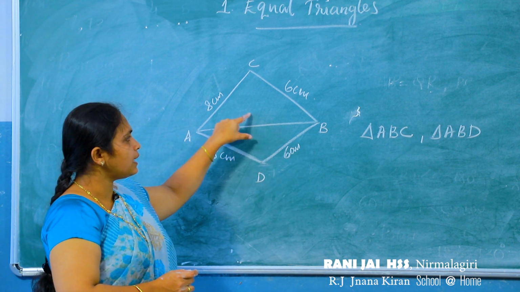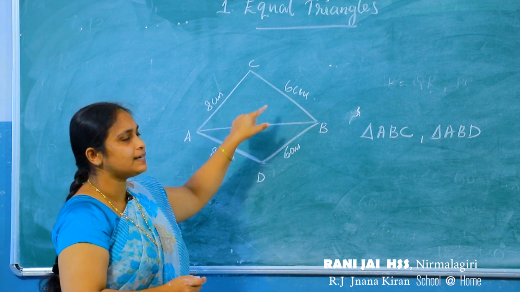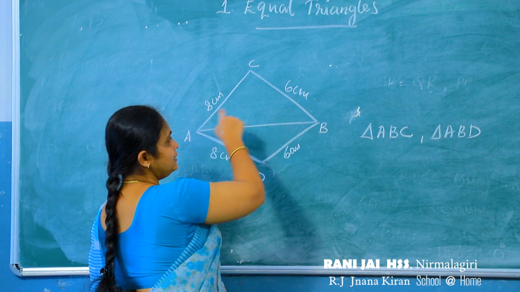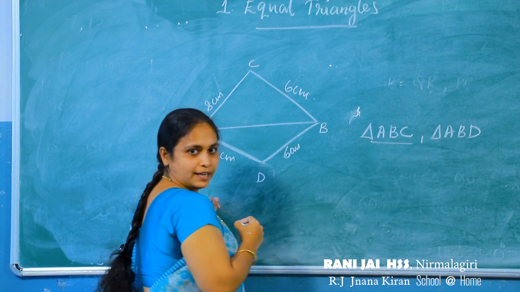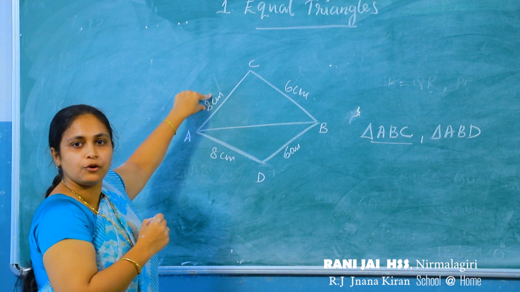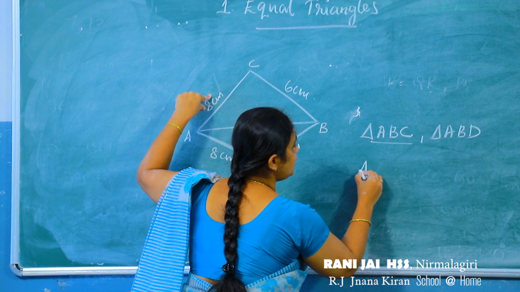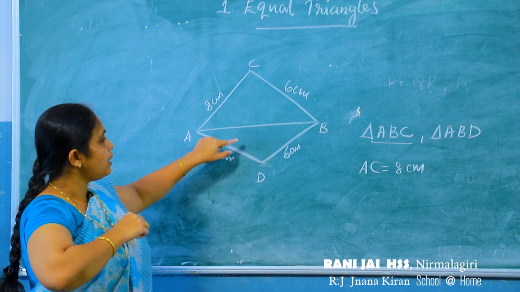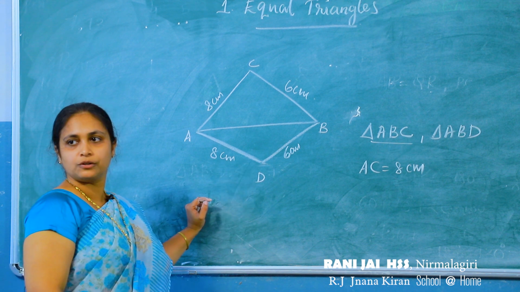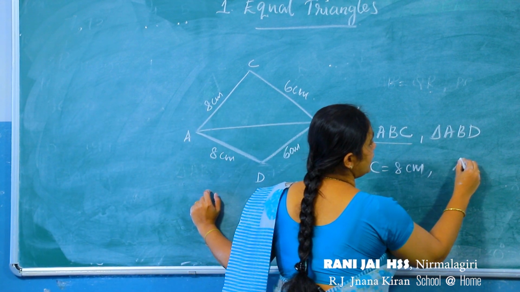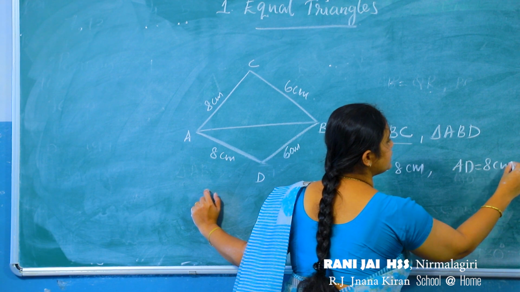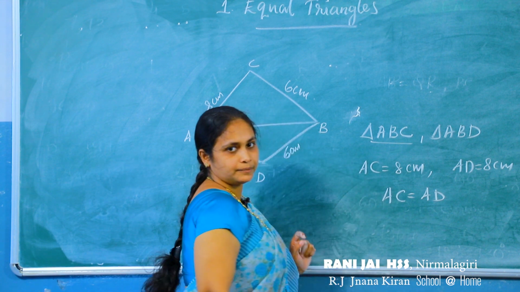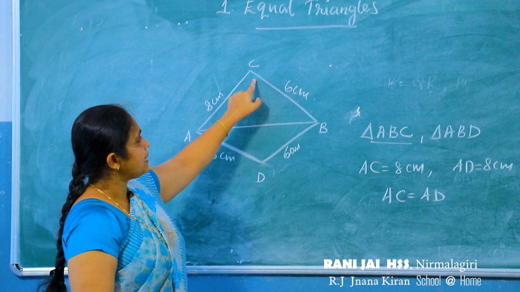Now in these two triangles we can say that the three sides are equal, isn't it? For that, in triangle ABC, AC equals 8 centimeters, and in triangle ABD, AD equals 8 centimeters. Therefore, AC equals AD.